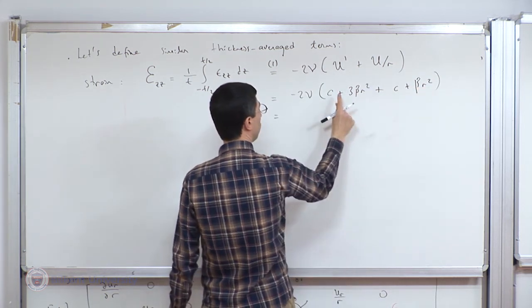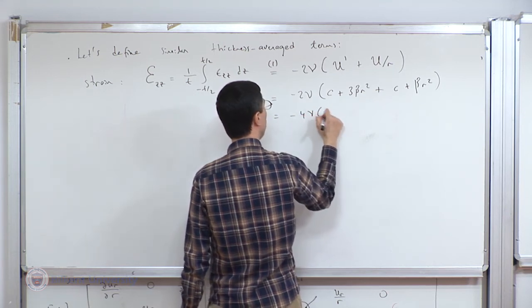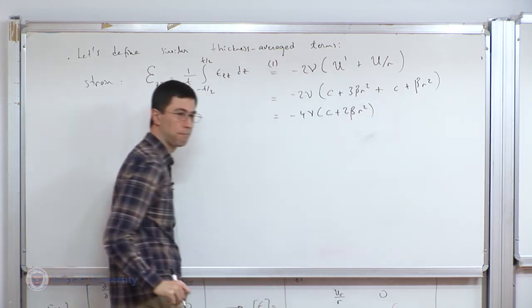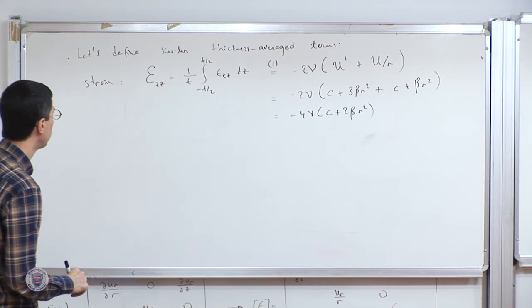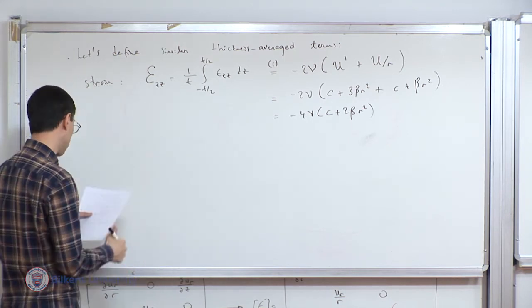So minus 4 nu c plus 2 beta r squared. Okay, so epsilon ZZ, average term, has that form.